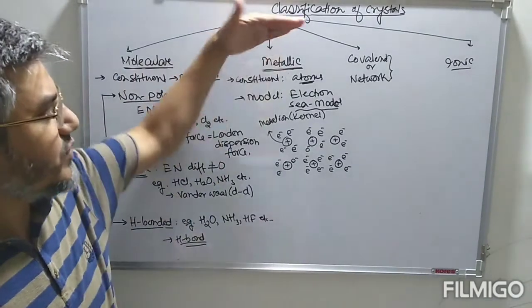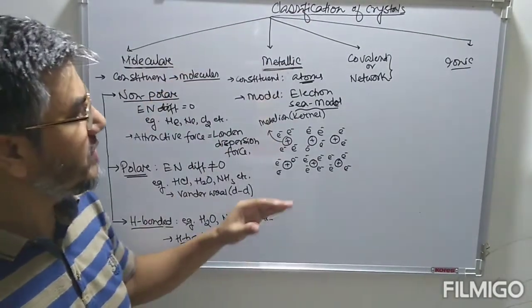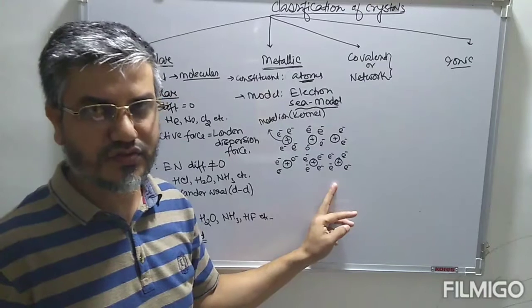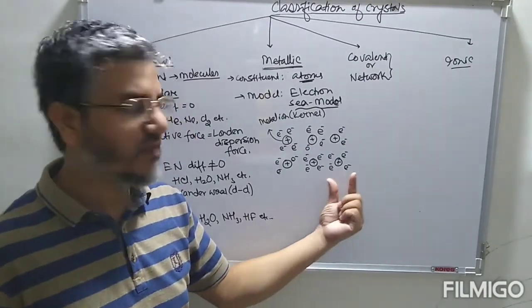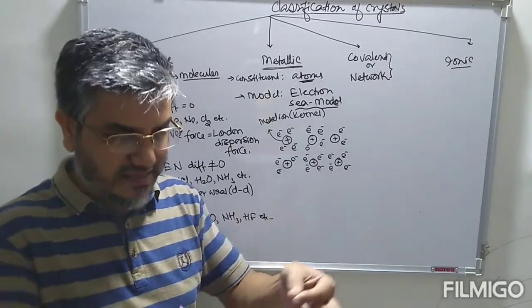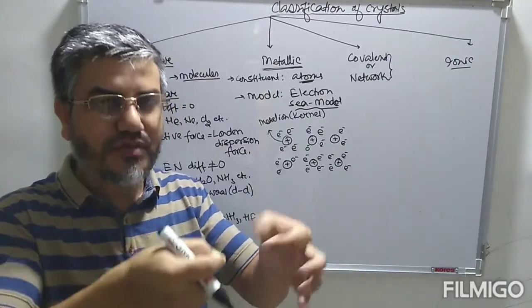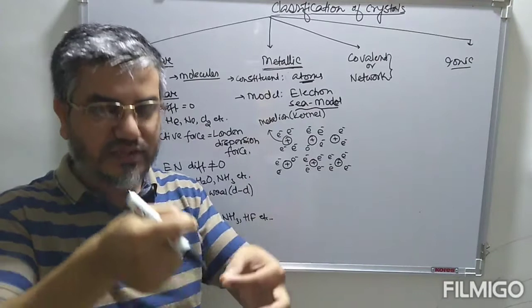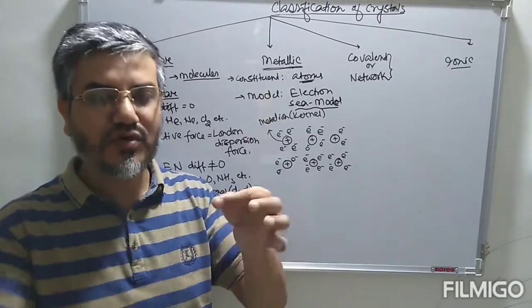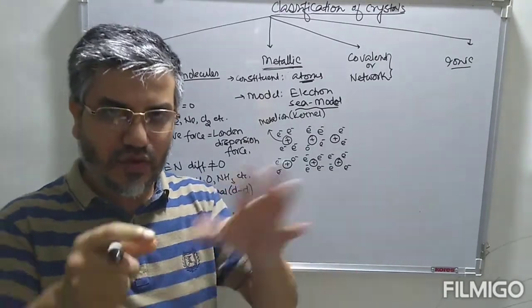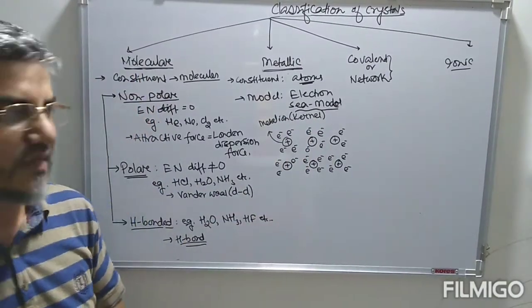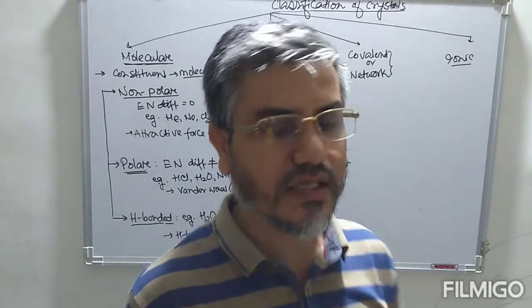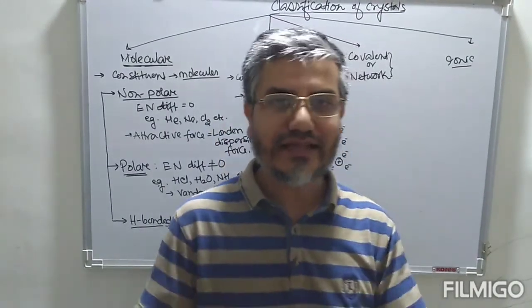Again the shining property or the lustrous nature of metal is because of these mobile electrons. When we supply energy, electrons absorb energy, and these electrons oscillate about their mean position. When these electrons oscillate around this mean position, energy is released in all possible directions, which appears as lustrous or shining property.